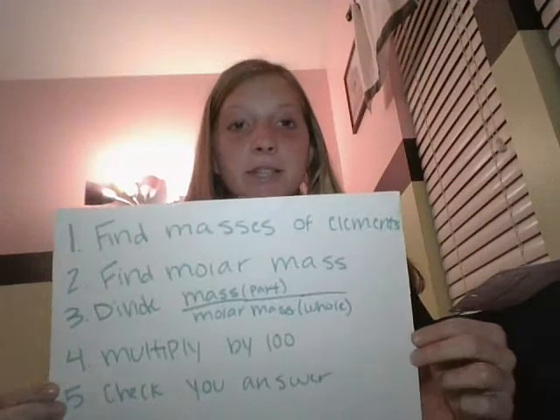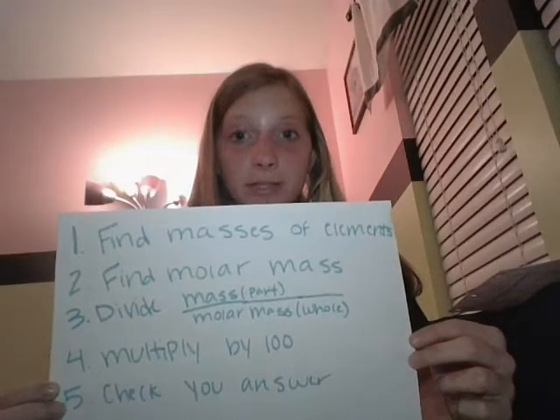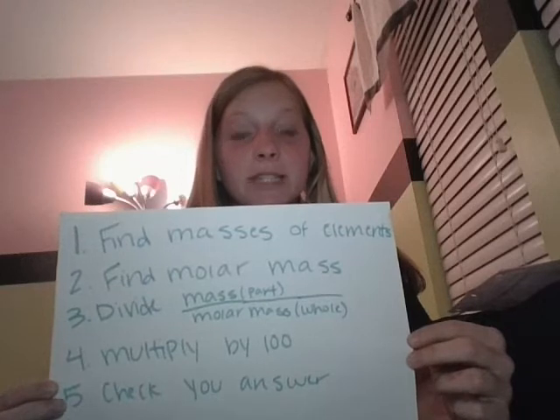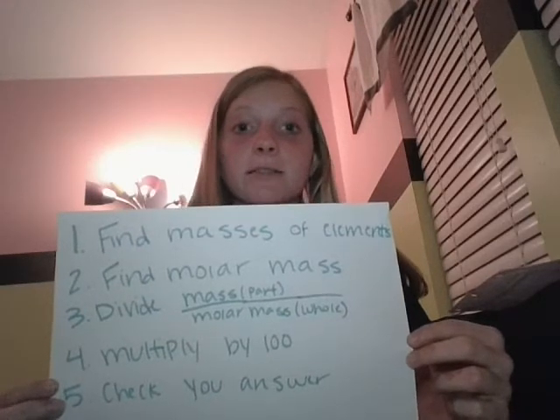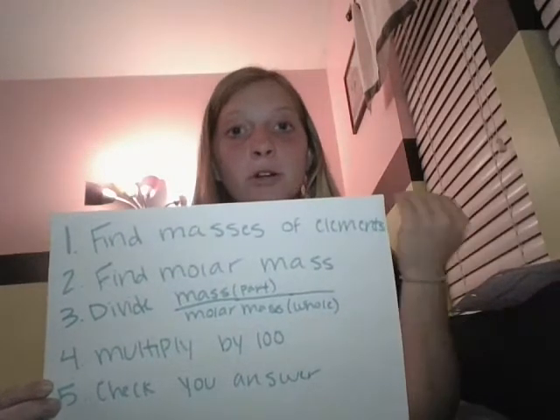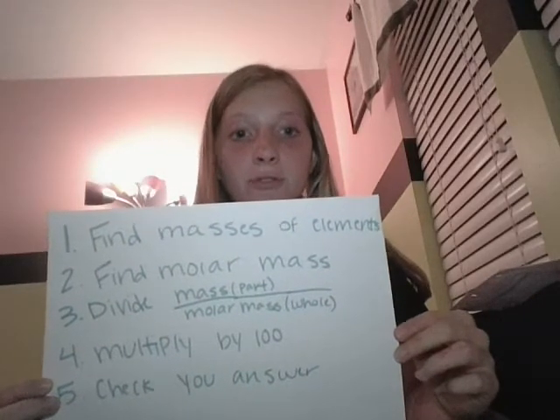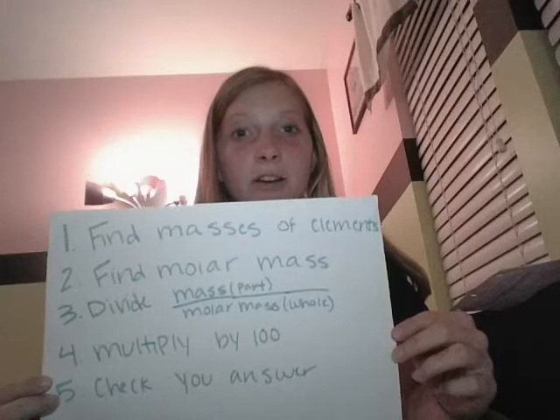So number 1 is that we need to find the masses of each element. Number 2 is that we need to find the molar mass. Number 3 is we need to divide the mass divided by the molar mass, or part over whole. And 4 is that we need to multiply that number by 100. And 5 is that we need to check our answer. So let's start with number 1, finding the masses of each element.